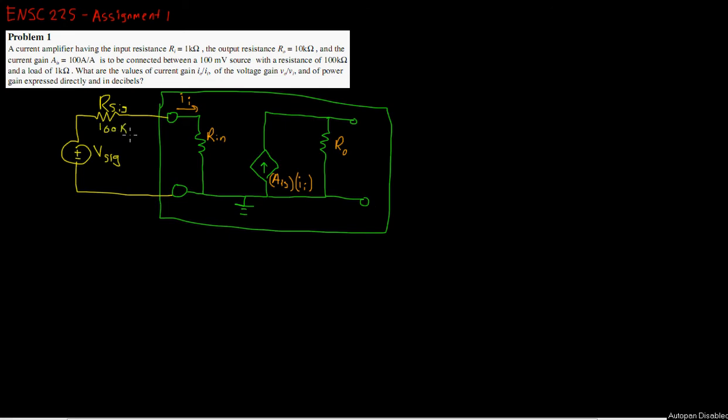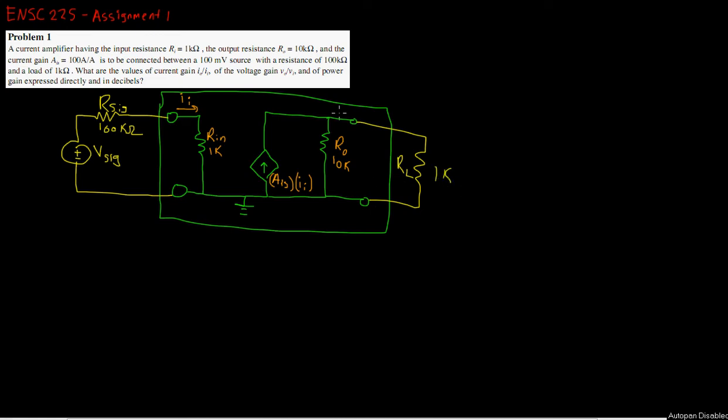And this is 100K, and we can go back and put these other values in. You've got 1K here, R_O is 10K. I'm not going to use the ohm symbol every time, it's just irritating. And then on the output end, you just have a single load resistor, R_L, and the value of that is a load of 1K.